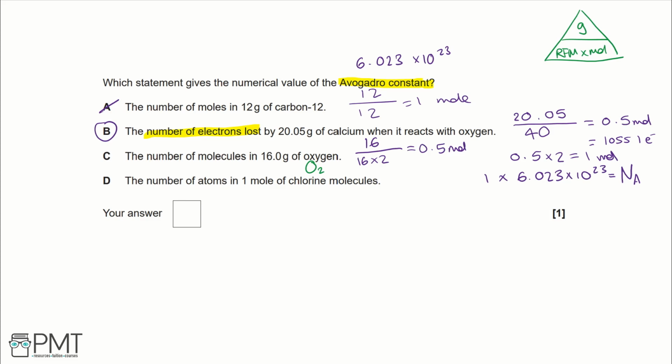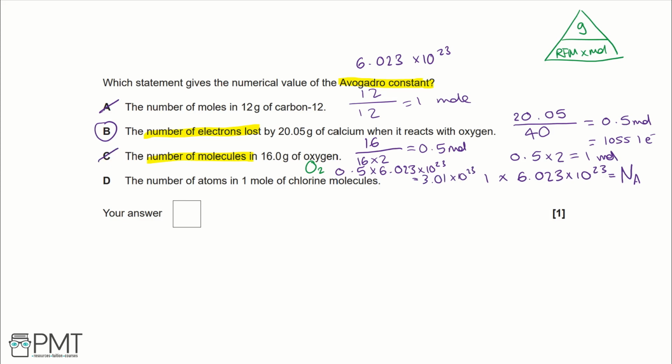And we want the number of molecules in this question, so we need to multiply by Avogadro's constant. So 0.5 multiplied by 6.023 times 10 to the 23 is equal to 3.01 times 10 to the 23. And this is not Avogadro's constant, so it's not C.